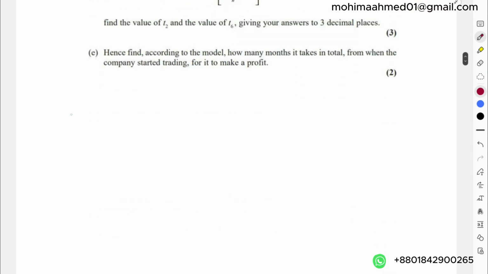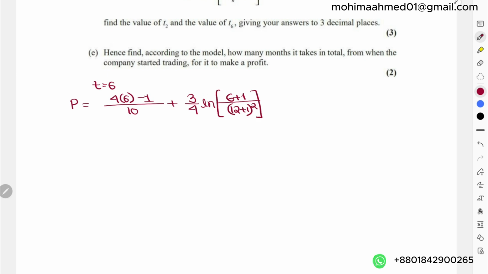That's it. So if you want to find out the value of P when T is equal to 6, it becomes 4 times (6 minus 1) divided by 10 plus 3 over 4 ln of ((6 plus 1) divided by (2 times 6, which is 12, plus 1) whole squared), and everything under a bracket.